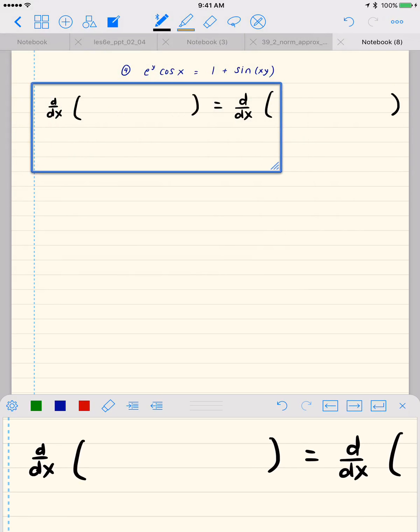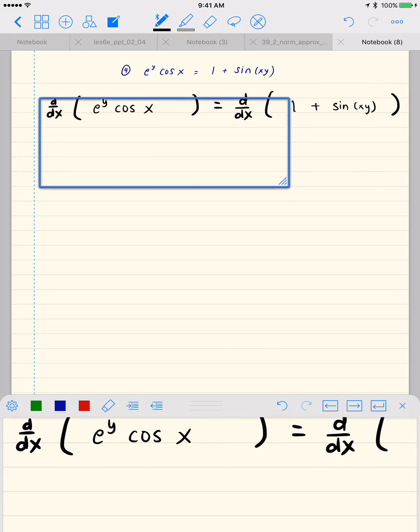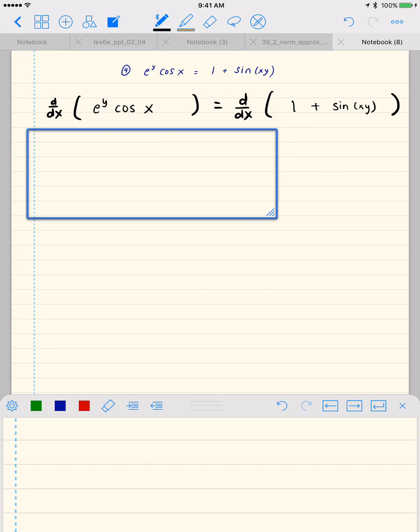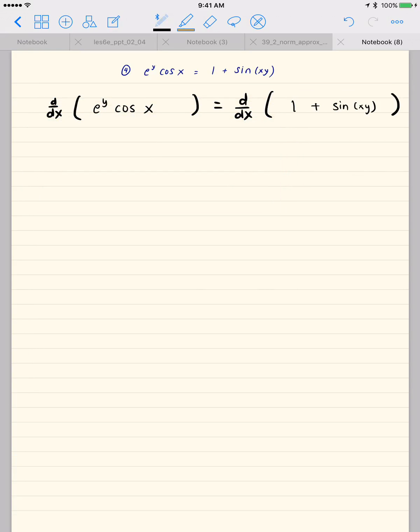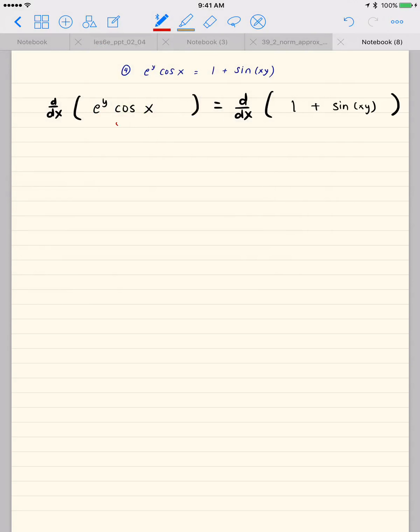So over here we'll have e to the y cosine x, and over here we'll have 1 plus sine xy. Okay. So now, to find this derivative, we're going to use the product rule.